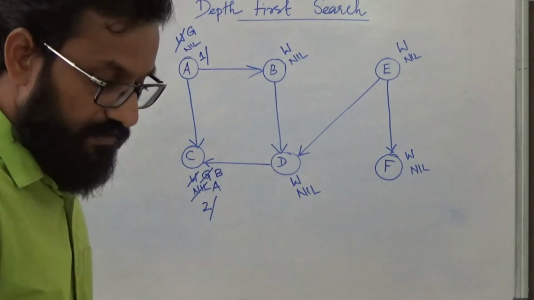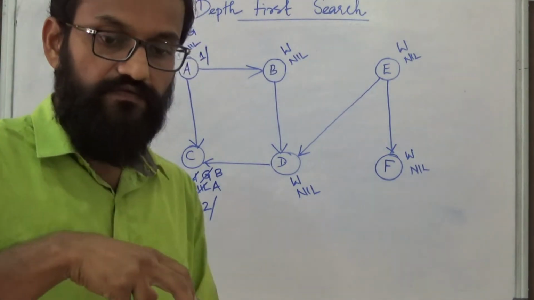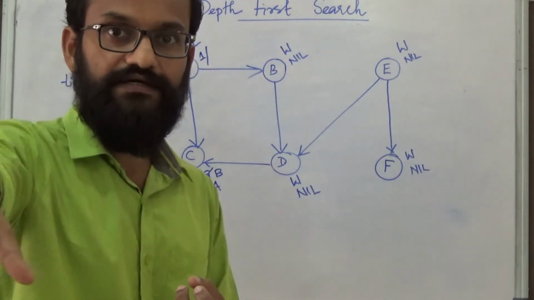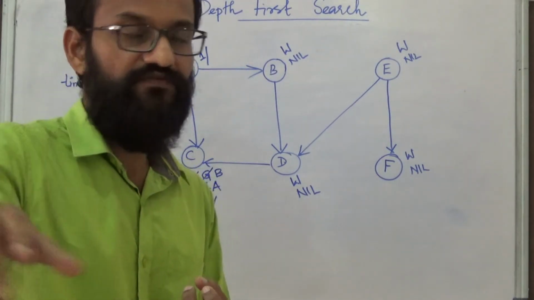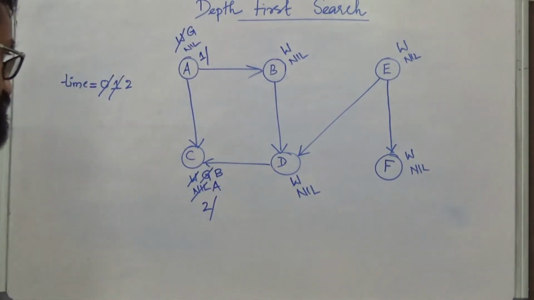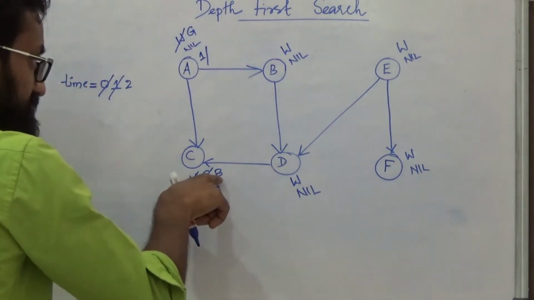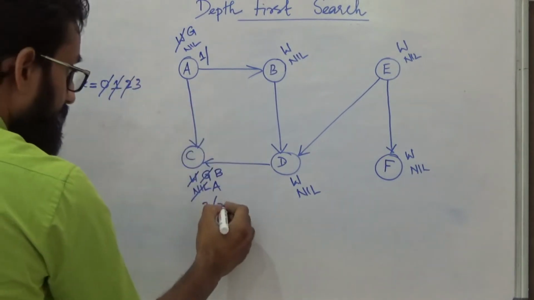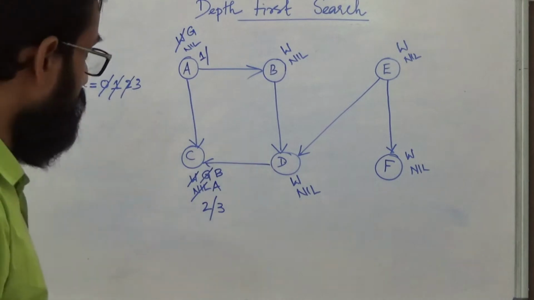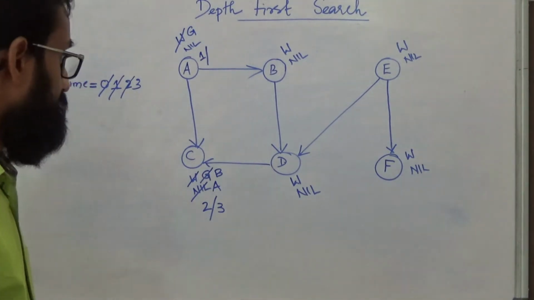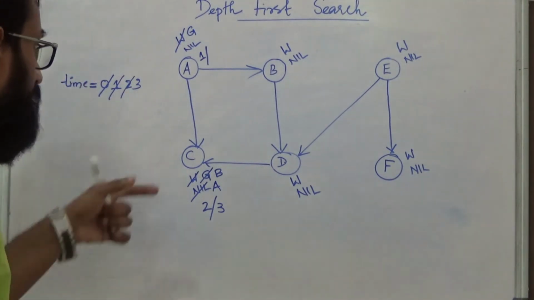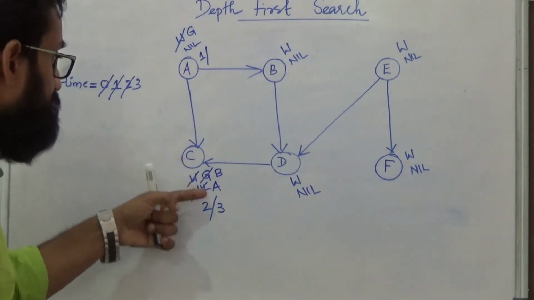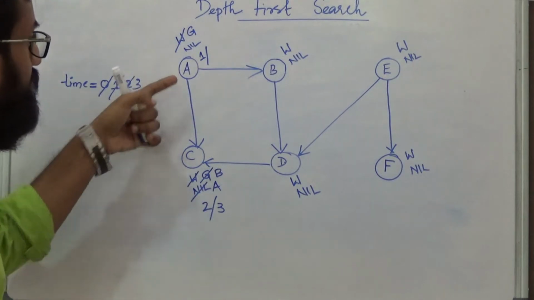In the sense, we have completed discovering all vertices that are reachable from C. At this point you will finish C. Whenever you finish a node, increment time by 1 and that time will be fixed as the finishing time of C. Now after finishing C, you will move back to its predecessor. Predecessor of C is A, so we will go back to A.